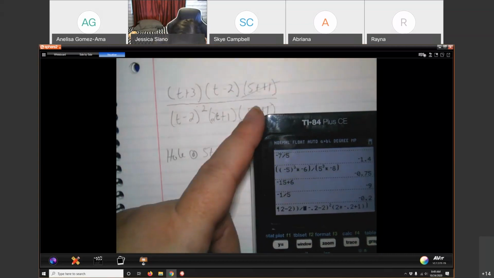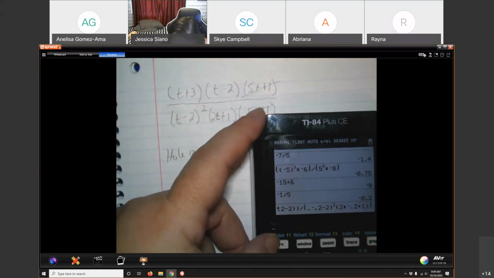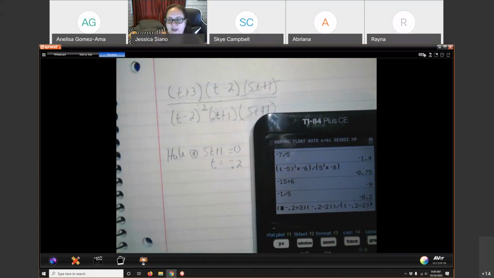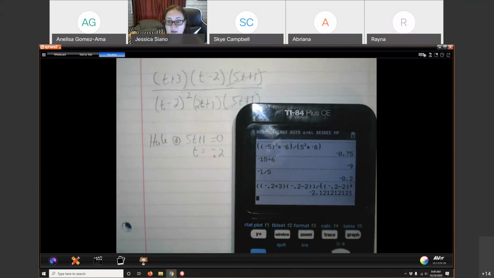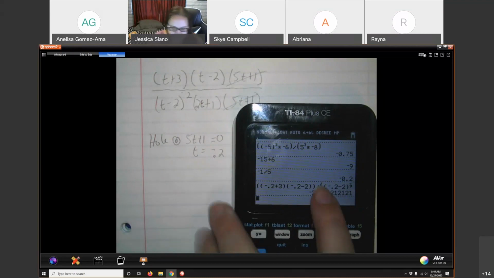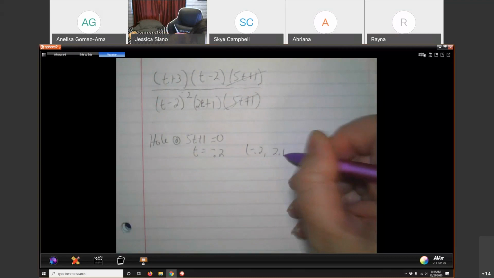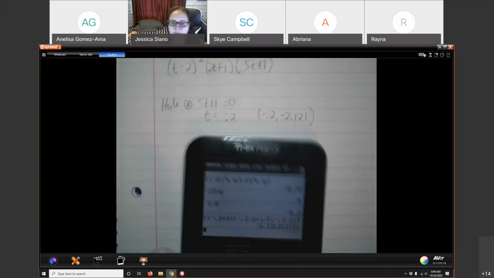Your entire numerator and entire denominator need to be inside of their own parentheses if you want to do it all as one thing, or you can find the numerator and then find the denominator and then divide. So then the point for the hole would be negative 0.2 comma negative 2.121.